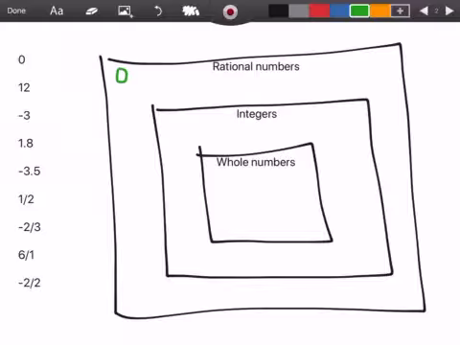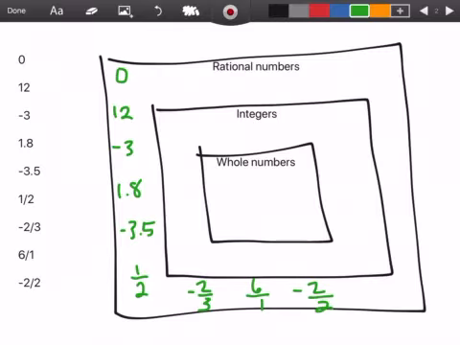So 0 is a rational number, 12, negative 3, 1.8, negative 3.5, 1/2, negative 2/3, 6 over 1, and negative 2 over 2. All of those are definitely rational numbers. Now, some of them are not only rational numbers, but also integers.